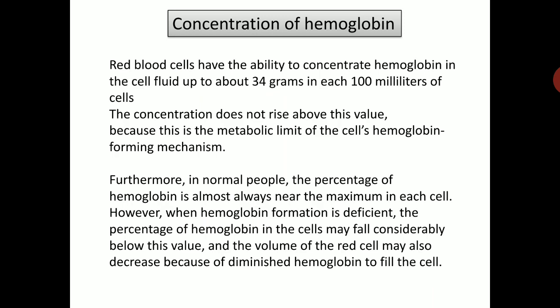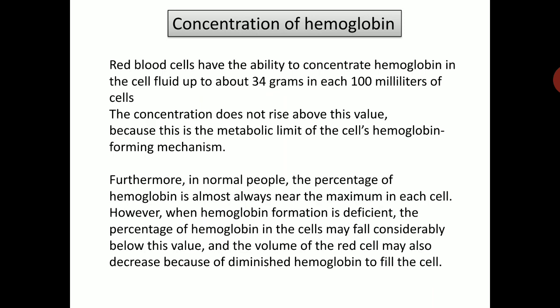Now coming to the concentration of hemoglobin in the RBC. RBCs have the ability to concentrate hemoglobin in the cell fluid up to about 34 grams in each 100 milliliters of the cells. So if we consider 100 ml compact volume of RBC, the maximum concentration of hemoglobin which can be achieved is 34 grams.